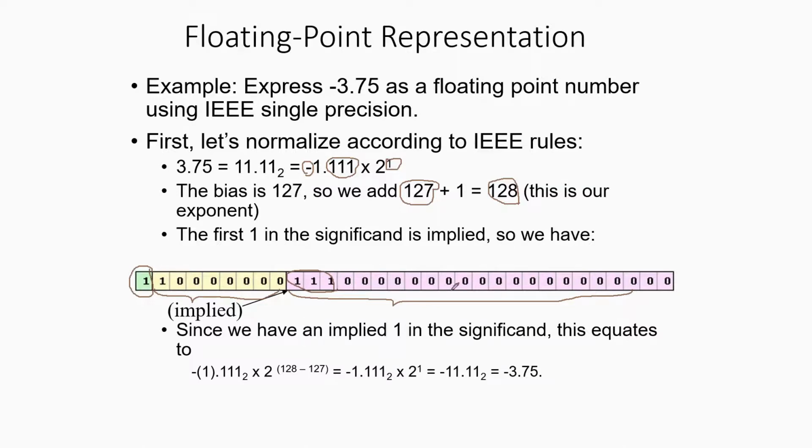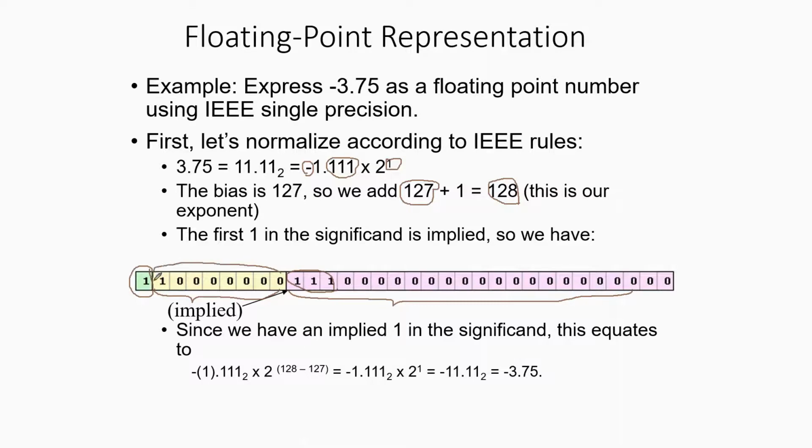While retrieving the value, how do you retrieve the value? When the computer sees this bit pattern, it looks for the sign bit. If it is 1, it will put a negative sign. Then it will extract the fractional part, that is 111, and it will derive that 1.111 multiplied by 2 to the power of the stored value, that is 128.